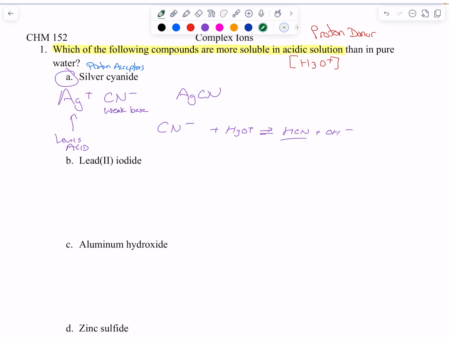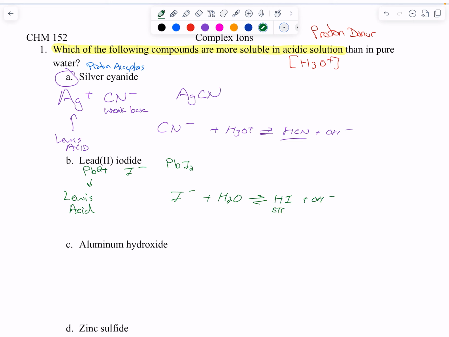Lead iodide, so Pb2 plus, I minus, for PbI2. So again, Lewis acid. I minus. Well, will I minus be a proton acceptor? HI plus OH minus.